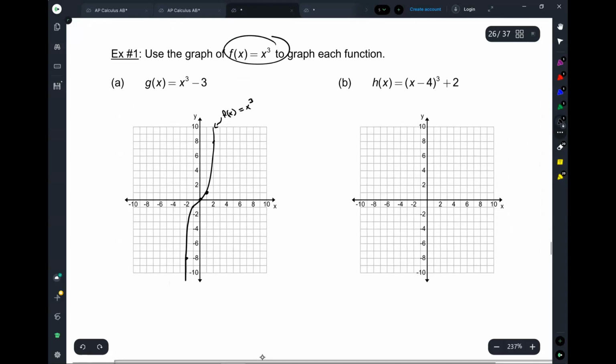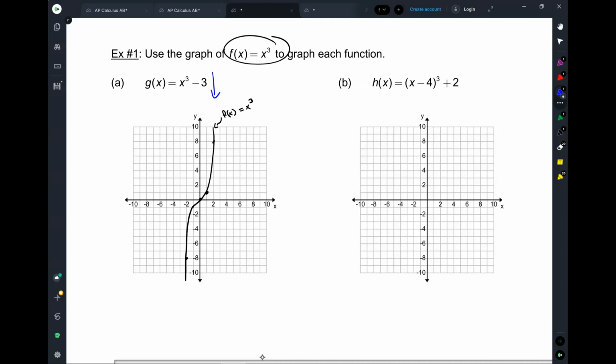Now, what happened to this function g of x? What does that minus 3 do to the function? It's a vertical translation. Where? Down. Why? Because it's not grouped with the x, right? It's outside.